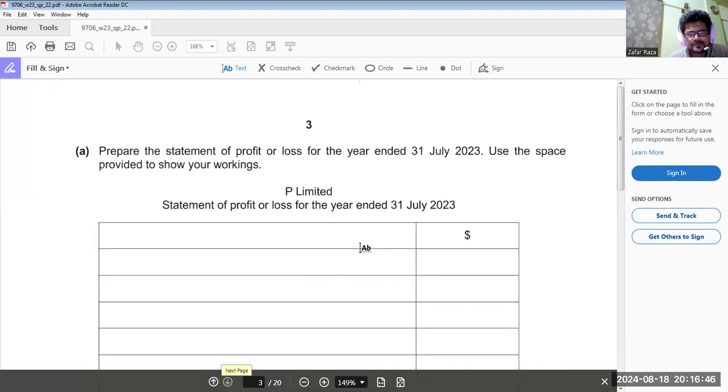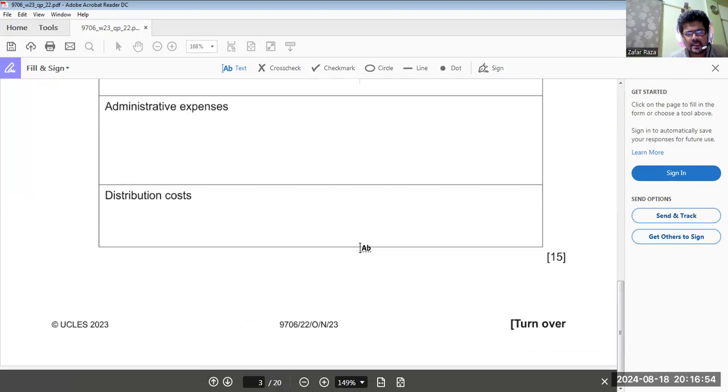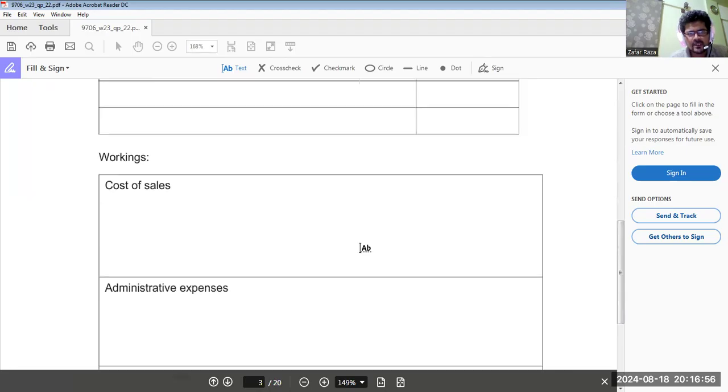Now, prepare the statement of profit and loss for the year ended 31st July 2023. Use the space provided to show your workings. You can calculate cost of sales here. So what we need to do first is report opening inventory.